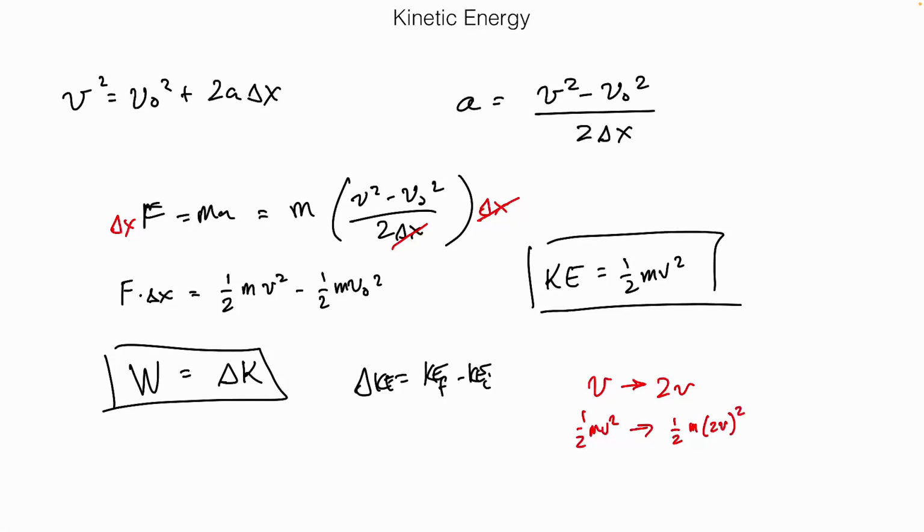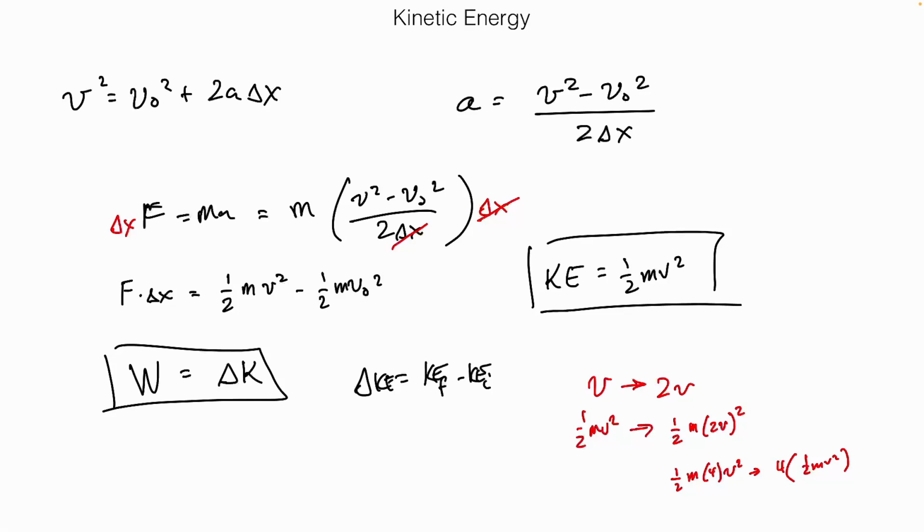And when you square that 2v, the 2 becomes a 4. This is 1/2 m times 4 times v squared, which is the same as 4 times 1/2 mv squared. And what's 1/2 mv squared? It's what I started with. So by doubling the speed, we have increased the kinetic energy, not twice, not 3 times, but 4 times.